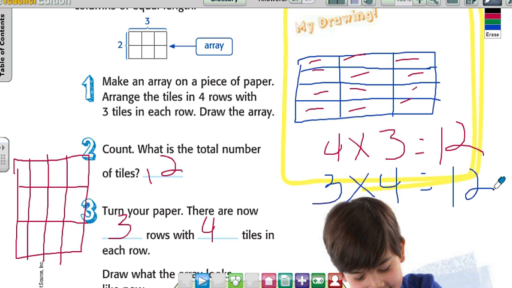Yes. So does it matter which way I draw the array? No, I still get the same total number, correct? So it does not matter whether it's 4 times 3 or 3 times 4, or whether I have 4 rows with 3 tiles in each row, or 3 rows with 4 tiles in each row.